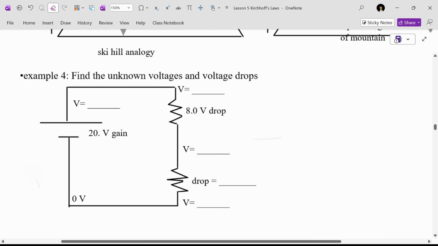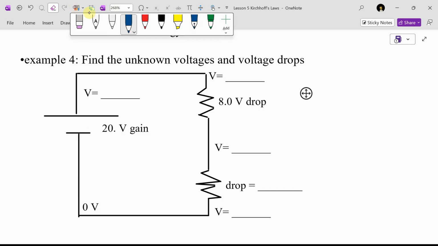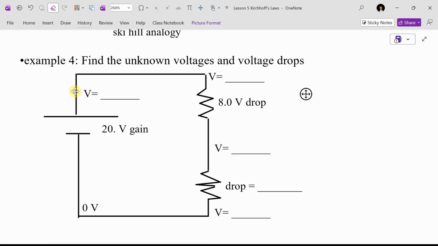So example 1. I'm going to start out labeling everywhere in the circuit, and then we're going to get lazy in a few examples. But for now, let's start doing some skiing here. Peyton, ski with me. Before we even jump in, let's label downhill. So downhill, downhill, downhill, downhill.